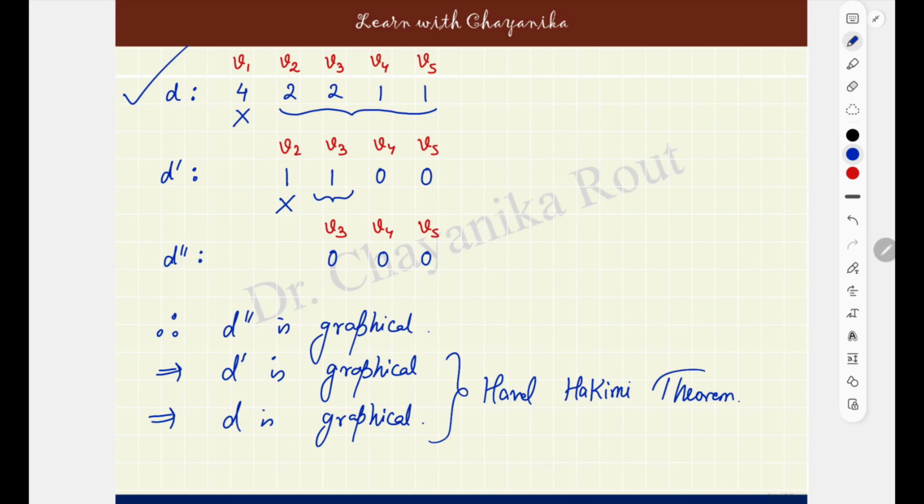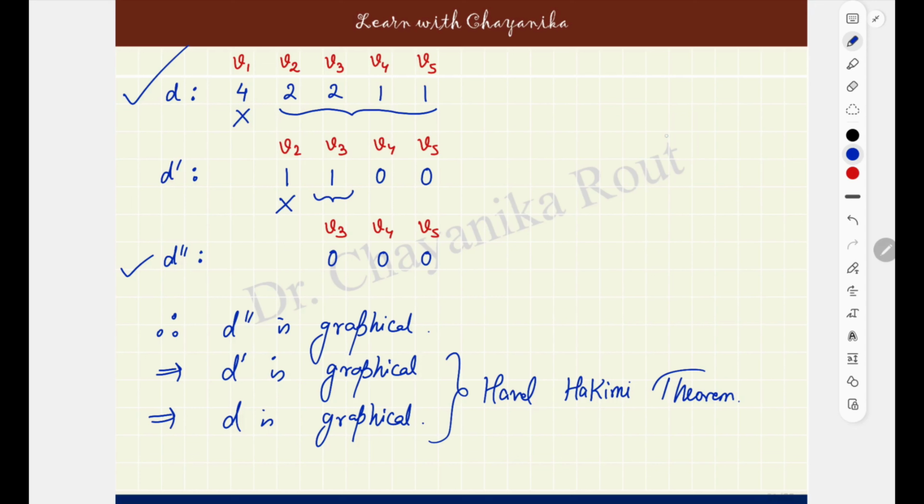Okay. Now the second part of the question, that is draw the graph. If you are saying that a simple graph is possible, construct such a graph for the sequence D. So how can we construct the simple graph with this degree sequence D? We will first start drawing the graph for the degree sequence D double dash. Now see, in D double dash there are 3 vertices, 1, 2, 3.